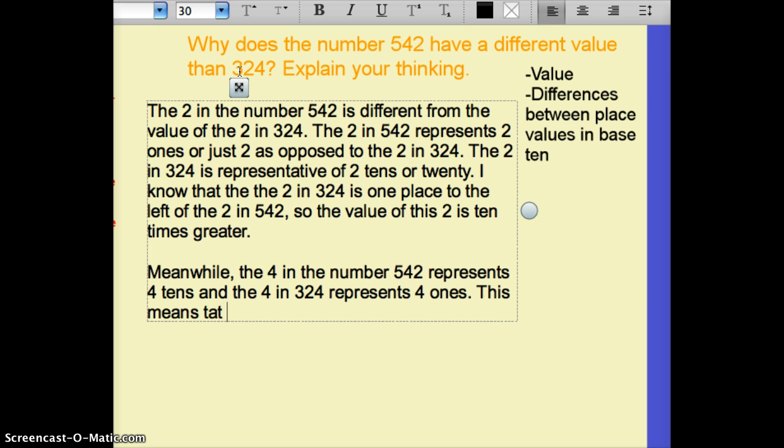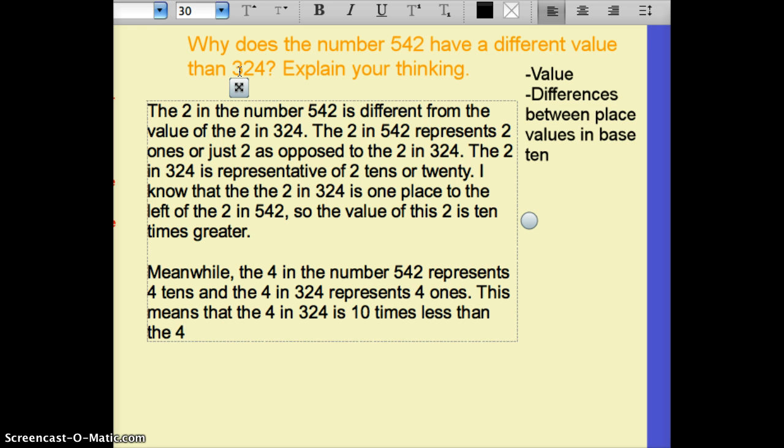This means that the 4 in 324 is 10 times less than the 4 in 542. So again, I'm comparing these digits. I'm saying to myself, well, both numbers have a 4 in them, but what's the difference between them? What does the 4 represent in each number? And then what's the comparison of the 4 in both numbers?